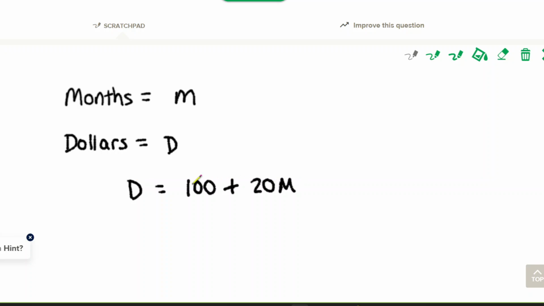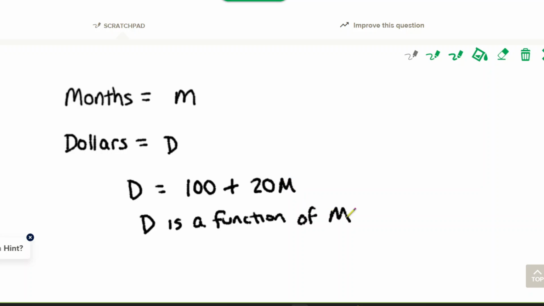So here I have an expression where we have D equals and then an expression depending on M. Using the same wording from the previous example, I would say that D, the amount of dollars in the bank account, is a function of, and the only letter on the right side is M. The only letter that D depends on is M. So the amount of dollars in the bank account is a function of the number of months that have passed.